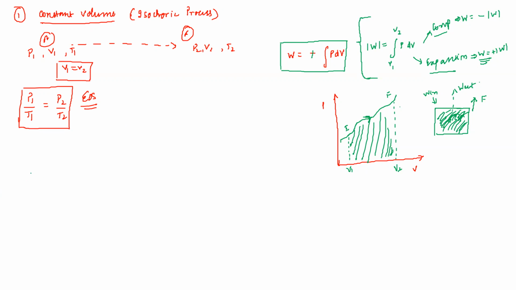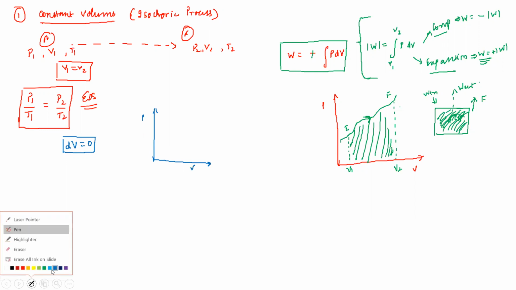Okay. So for now, we are dealing with a constant volume process. Since it is a constant volume process, V1 is equal to V2 and there would be no volume change. So dV is going to be equal to 0, right? And if you see the PV diagram for a constant volume process, then the PV diagram looks something like this, right?